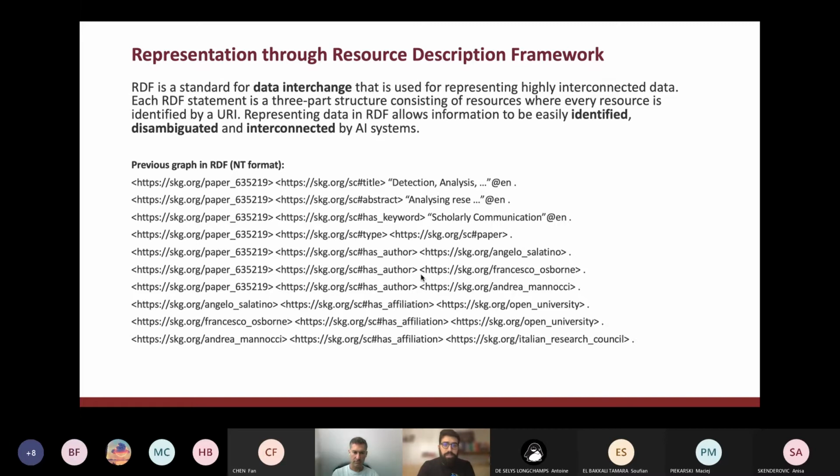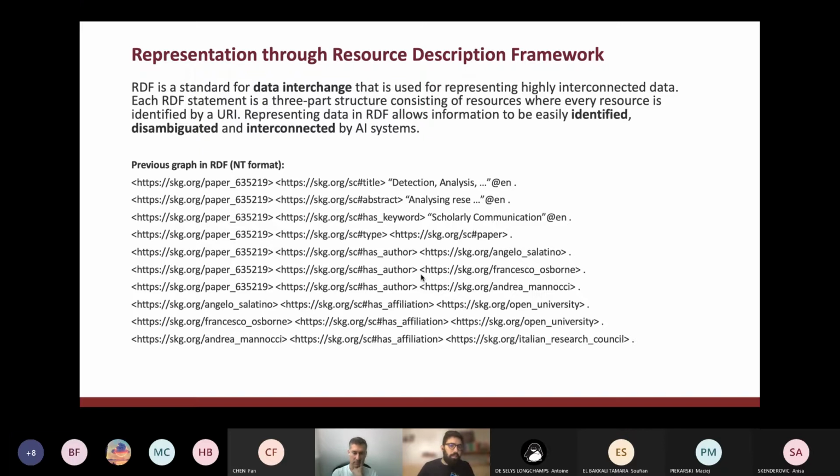RDF is a standard for data interchange that is used for representing highly interconnected data. Each statement in RDF is a triple consisting of resources where every resource is a URI, and the data in RDF allows information to be easily identified, disambiguated, and interconnected.